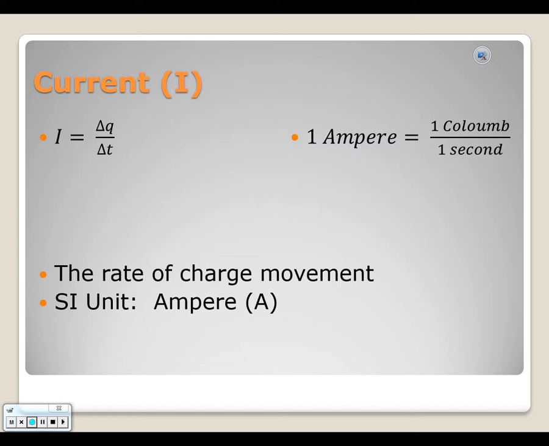So at the top of the next page, letter F, it says 1 ampere is the movement of 1 coulomb in 1 second. 1 coulomb over 1 second. Coulomb, we said, is our unit for measuring what?